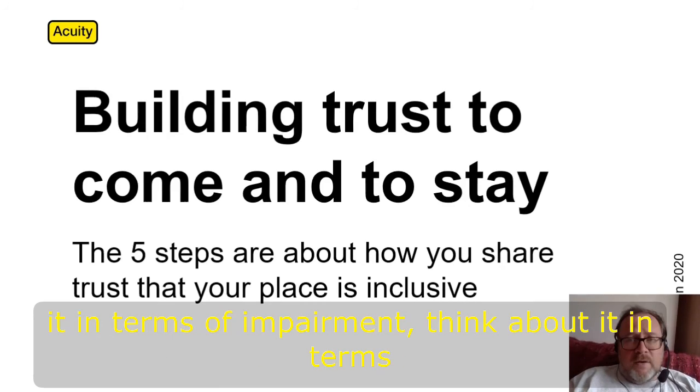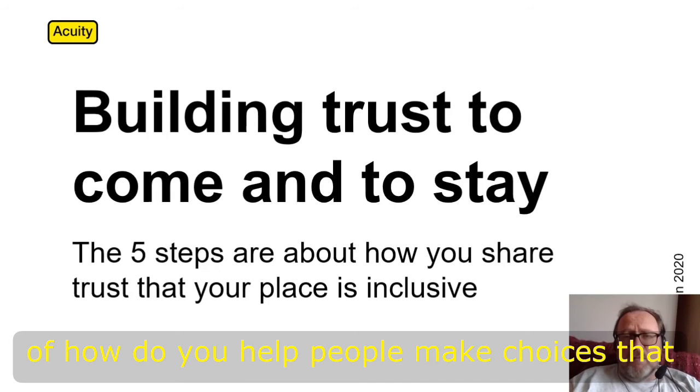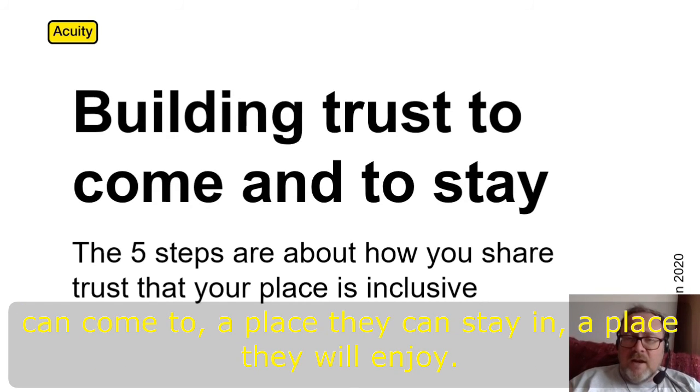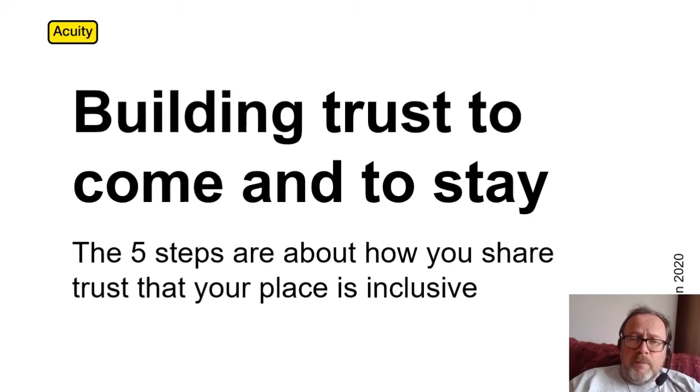Don't think about it in terms of impairment. Think about it in terms of how do you help people make choices that the place that you offer is a place that they can come to, a place they can stay, and a place they will enjoy.